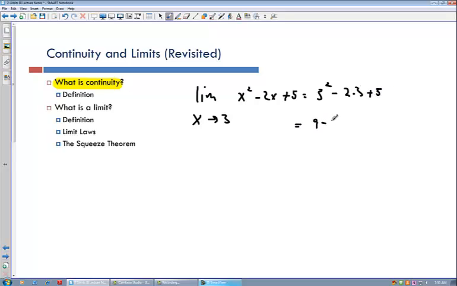So this is 9 minus 6 plus 5, which is equal to 3 plus 5, which is 8. The reason we can plug in 3 for x is because this function here is continuous. And so we're really using the statement: how do you evaluate a limit of a continuous function?